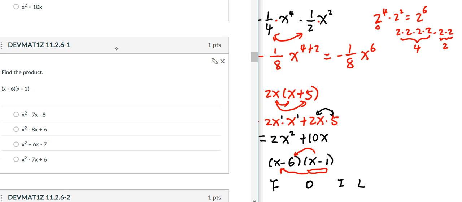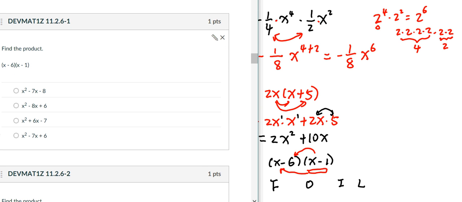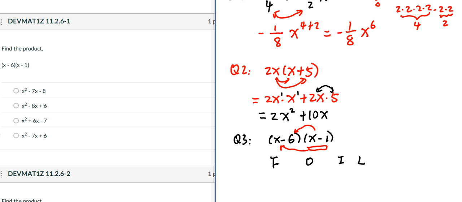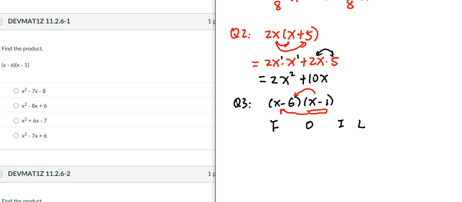That's the second question. The third question, we use the FOIL method to do it. Actually here, the FOIL method comes from the distributive property again. The first thing to do is x times x minus 1. Distribute this big quantity to each thing inside.